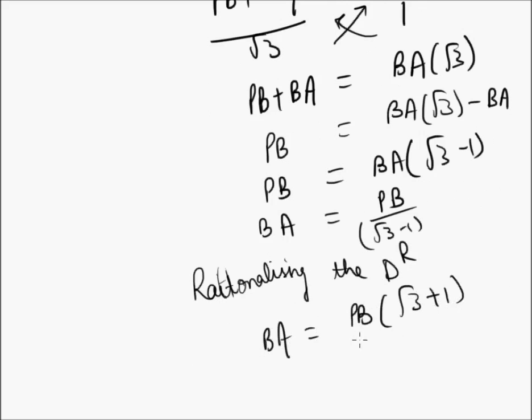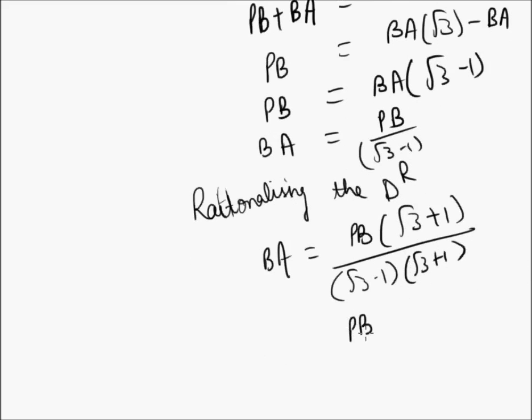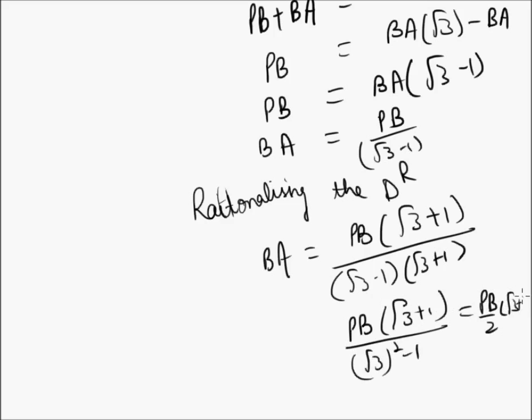The best way to rationalize is to multiply by, or to form the identity a minus b into a plus b, so that we can apply a square minus b square. So it becomes PB under root 3 plus 1 into under root 3 whole square minus 1, that is PB by 2 under root 3 plus 1.